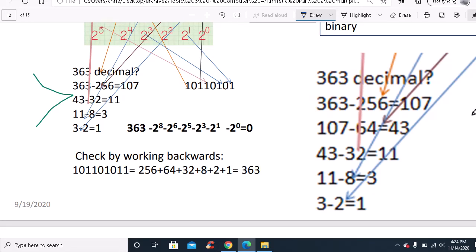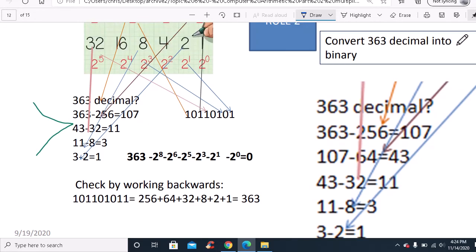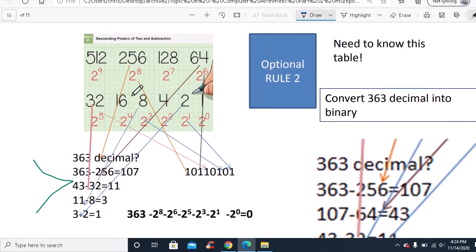So what I haven't made explicit here is simply that I managed to take 2 raised to the power of 8 away. So that corresponds to this 1 here. I can't then take 2 raised to the power of 7 away, so I've got a 0 here.